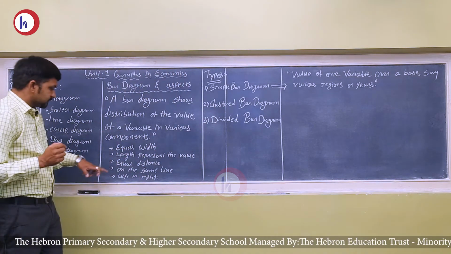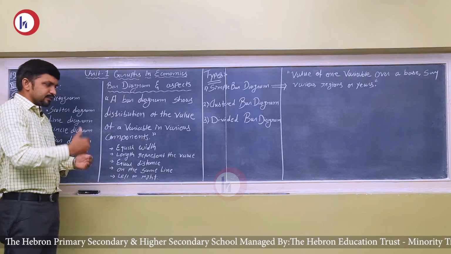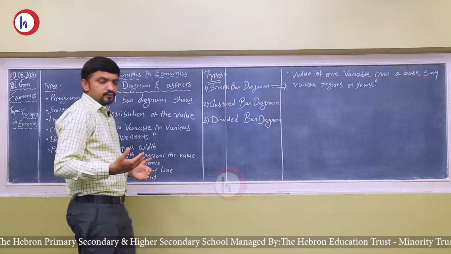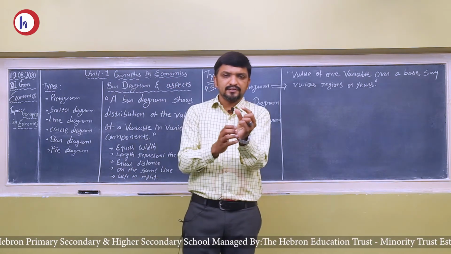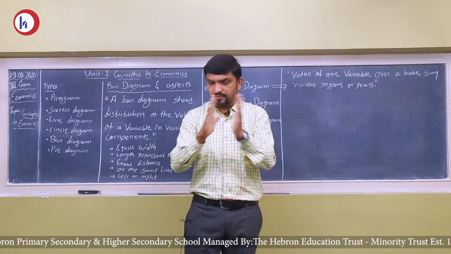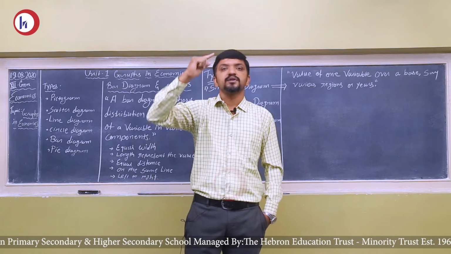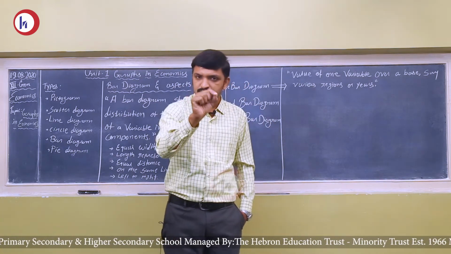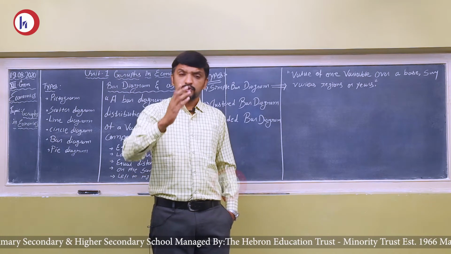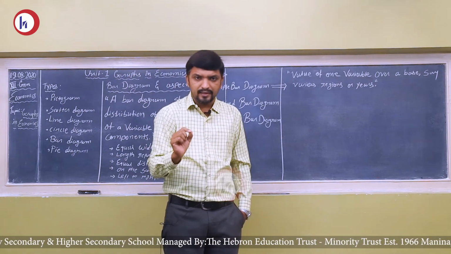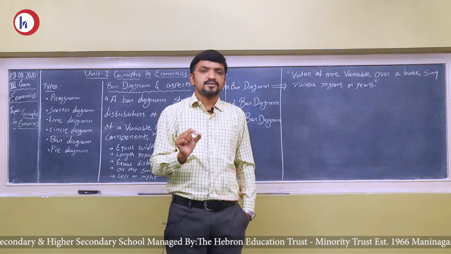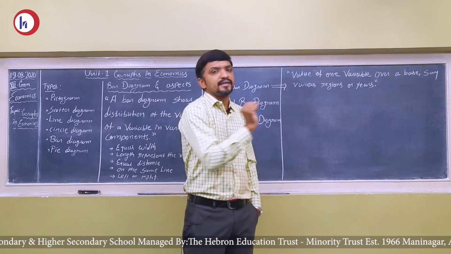Then number 2, length represents the value, which means as we have cleared that the width of the bar does not represent the value, but the length of the bar does. You might have seen in a bar diagram, the bars have different heights.